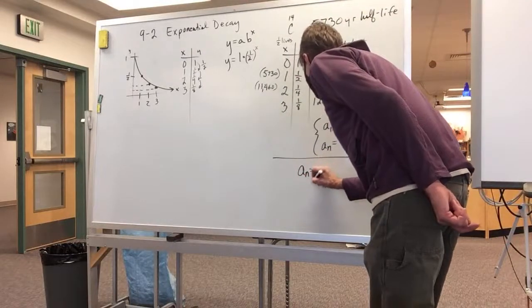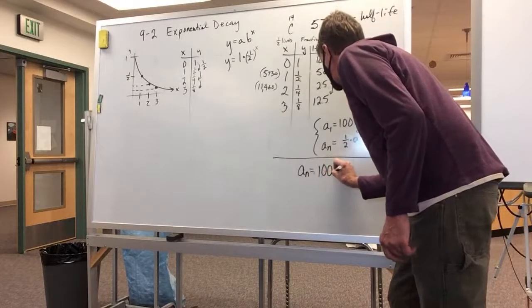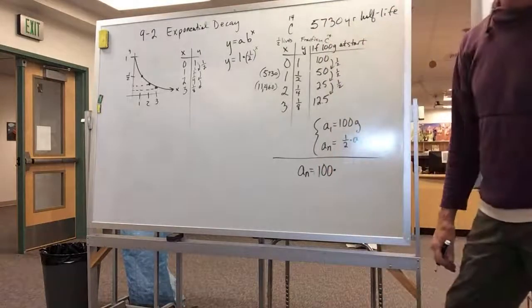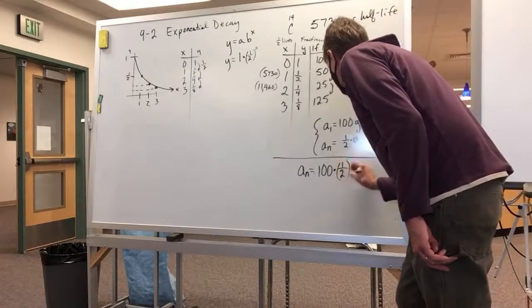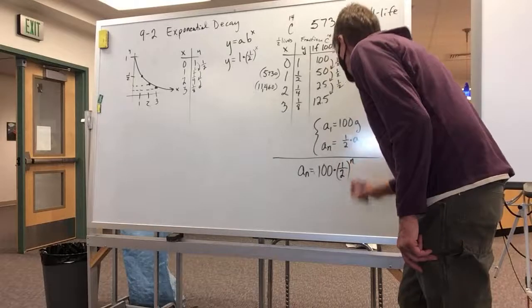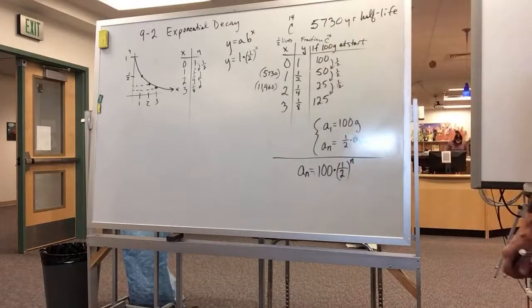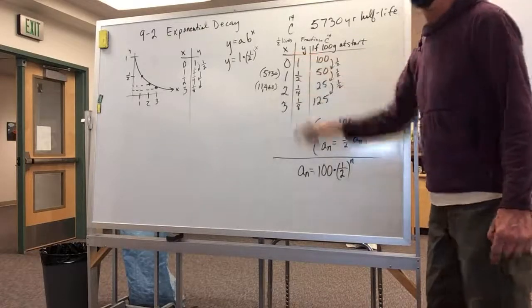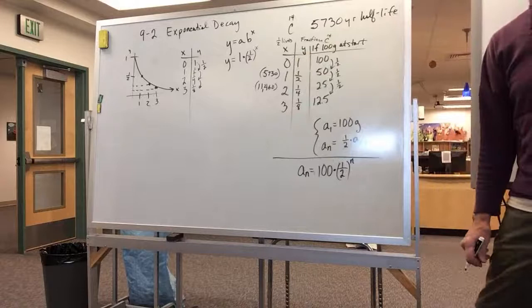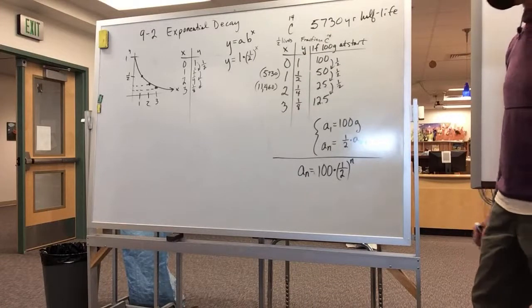So then you're going to have to start with your 100 and multiply it by 1/2. And that's going to be to the nth power. In this case here, we would multiply it by the nth power, because in this sequence, we do have a 0th term because we are talking about number of half-lives, and you can have the present.